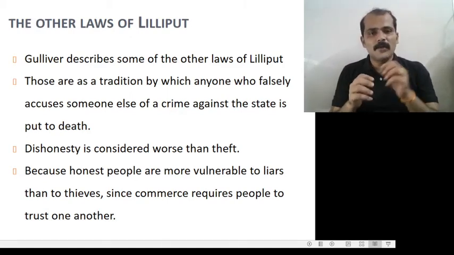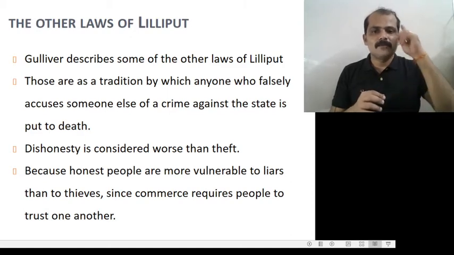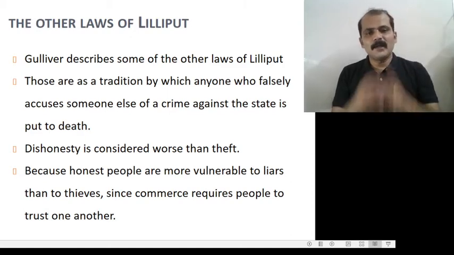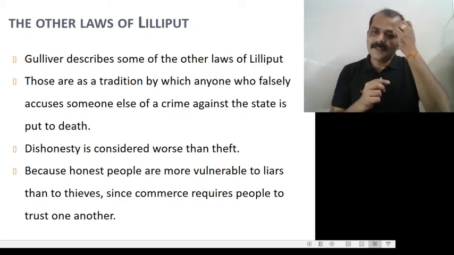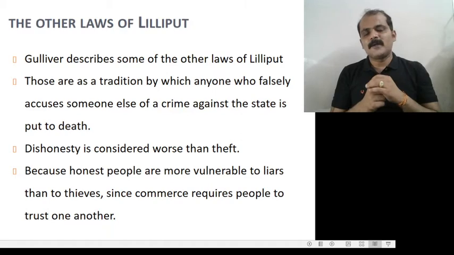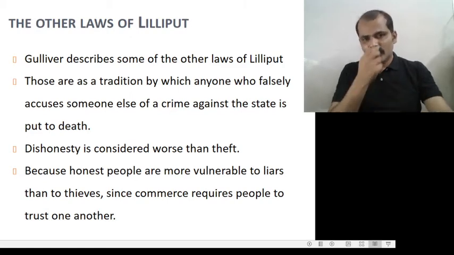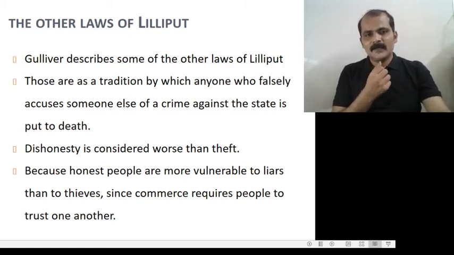Since commerce requires people to trust one another, that is their intention, that is the motto of this rule, I think. That is how the other laws of Lilliput are brought out in this chapter 6. Look at that in the next one.